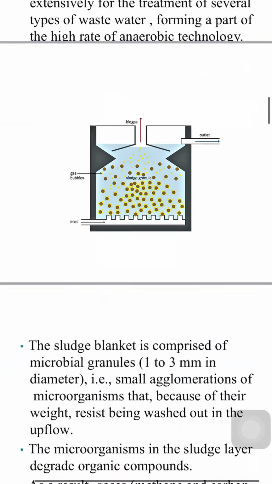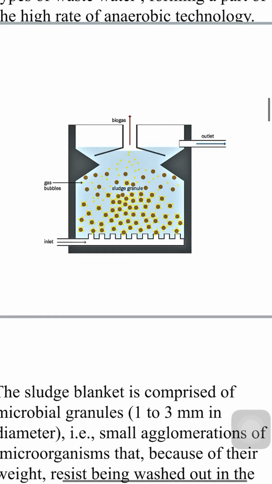So this was the picture of the anaerobic reactor. This is the inlet system, and a gas bubble is formed of methane and carbon dioxide. This was the outlet system, and sludge granules are also formed by reaction in the reactor system.